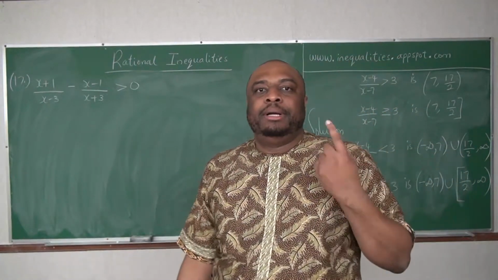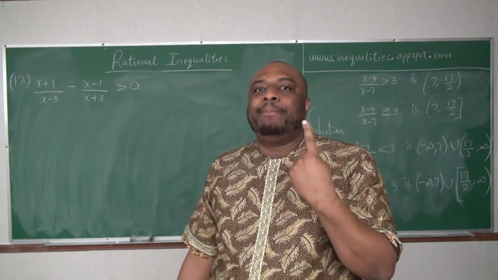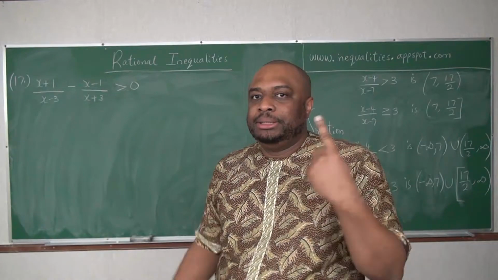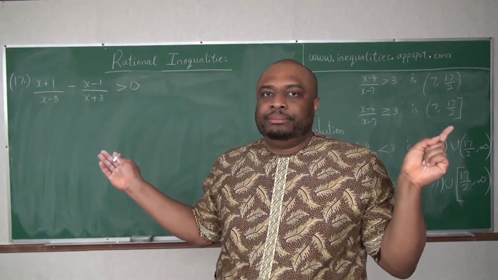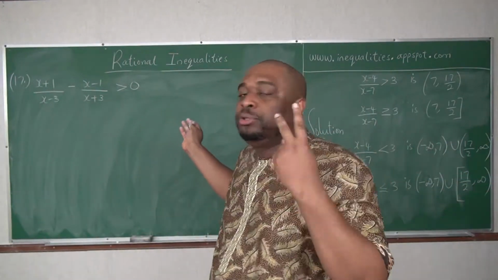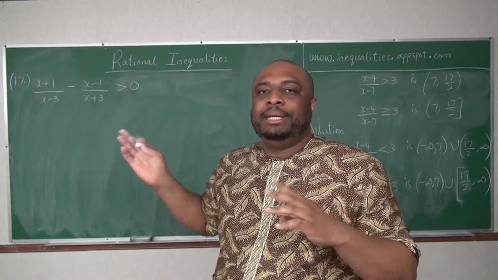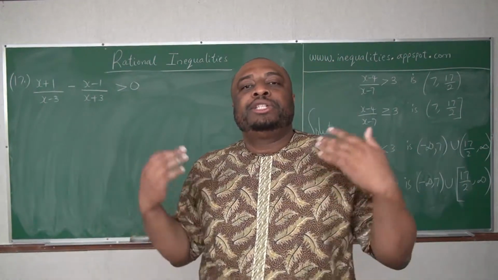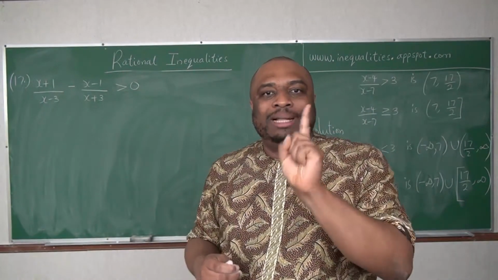Second step: only one term should be on the left hand side. No, we have 2 terms on the left hand side. So we are going to make it only one term.